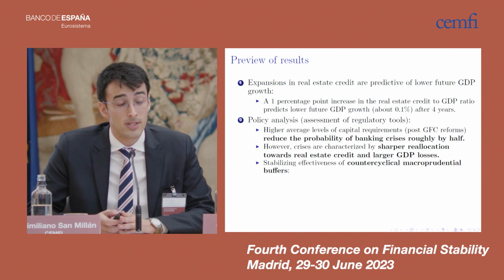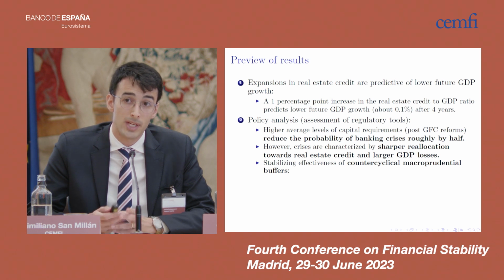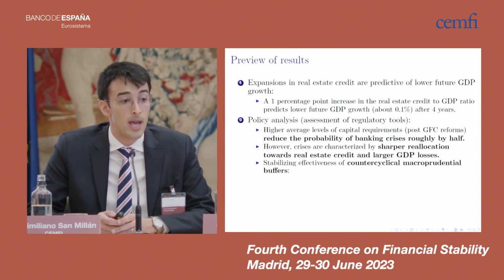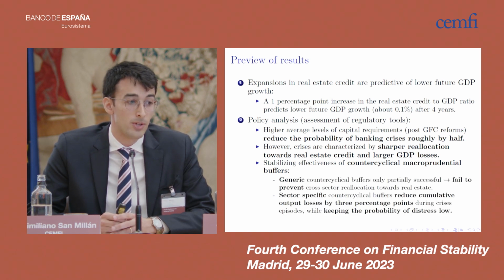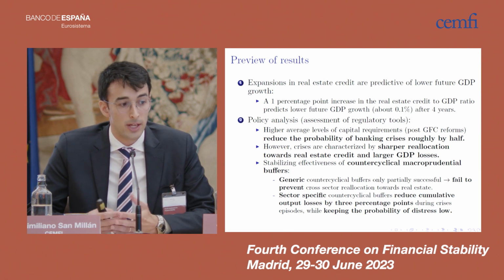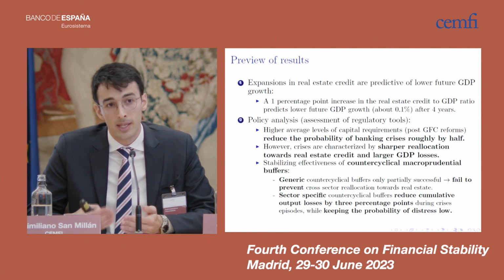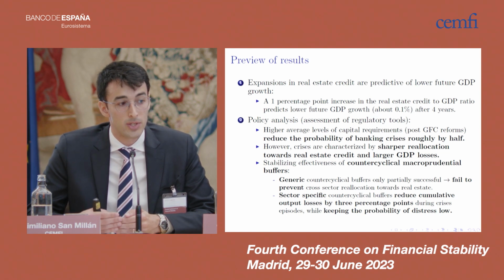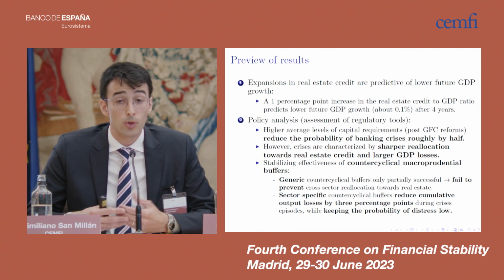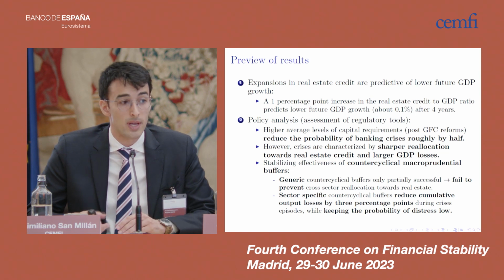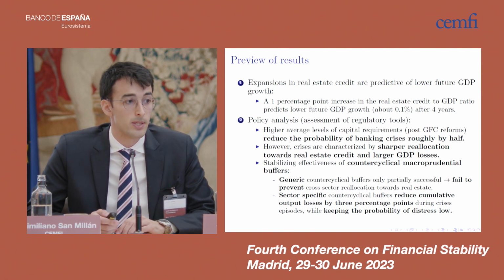And the stabilizing effectiveness of countercyclical buffers is enhanced by the adoption of sector-specific countercyclical buffers as opposed to the generic CCyB. Intuitively, what the sector-specific countercyclical buffers will do is to dynamically correct bank risk-shifting incentives in response to an increase in non-diversifiable risk in the economy, as I will explain next.